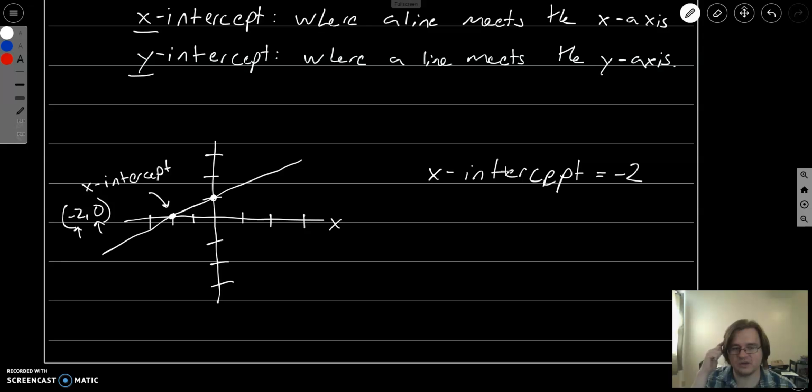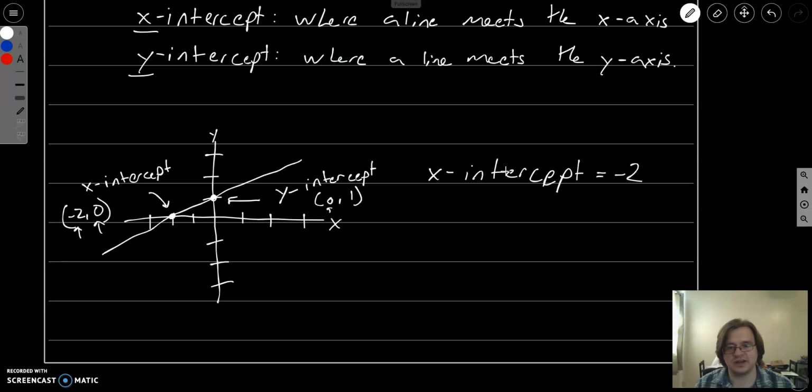And we know that when we say -2, what we mean is the line will hit the x-axis at -2, 0. Furthermore, we can do the same thing for the y-intercept. Again, the y-axis is the vertical axis, so the y-intercept is when the line hits this y-axis, and this will be at 0, 1.